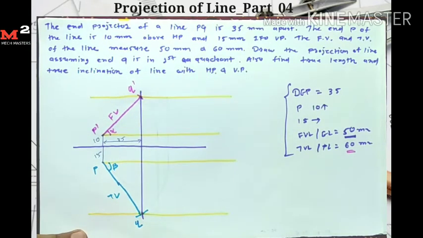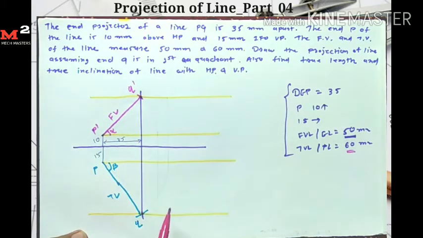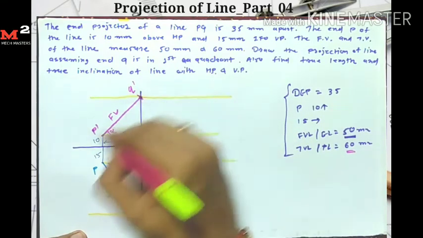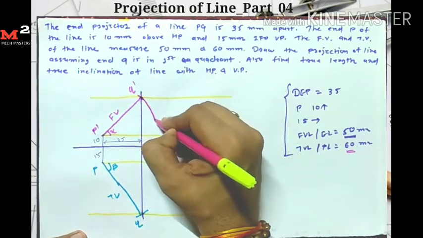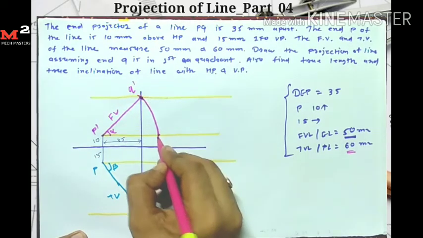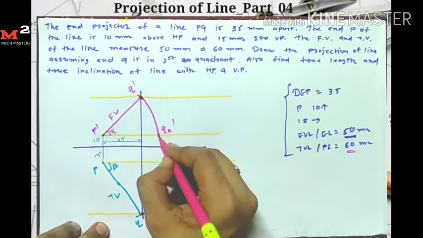Now from the front view length I draw the arc, because we are required to find the true length. For finding the true length, first I draw the arc from here, taking P dash as a center and P dash Q dash as a radius. I draw one arc here and name it Q2 dash. Now from this line I draw the projection.